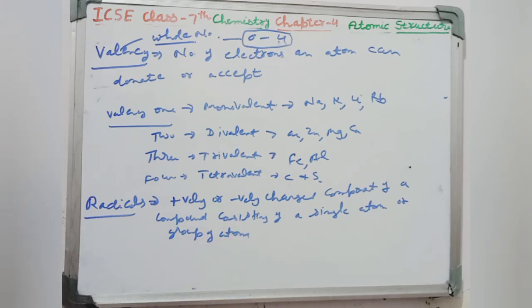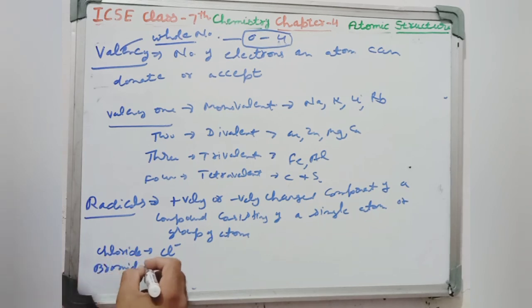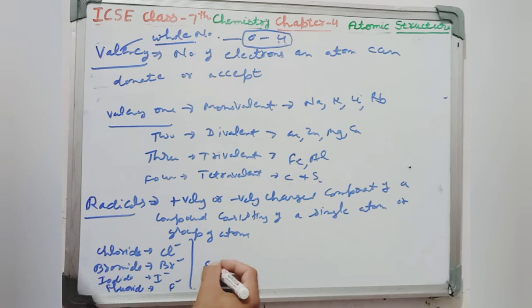These are radicals. For example, how will we write chloride? Cl minus. Bromide? Br minus. Iodide, I minus, and fluoride, F minus. These 4 are very simple radicals.